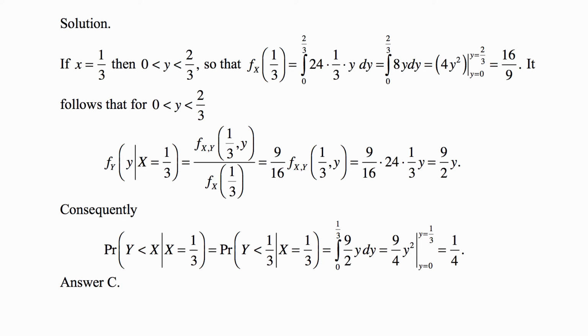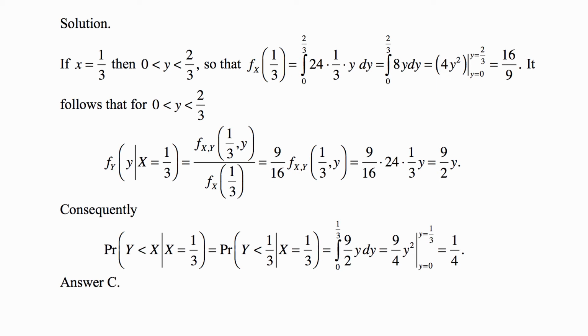That's equal to the integral from 0 to 2/3, all the possible values of y, of 24 times x times y, but x is 1/3, so this is really the integral from 0 to 2/3 of 8y dy. The integral of 8y is, of course, 4y squared. Evaluated from 0 to 2/3, we get 16/9.